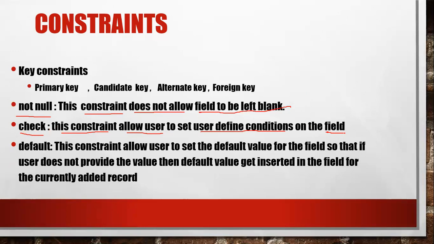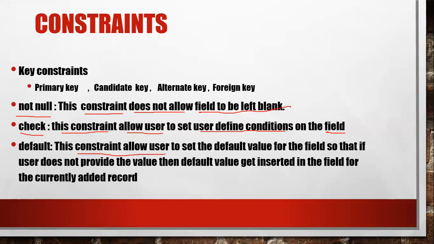While entering a record, if I don't enter a value for that field, then the system will automatically insert the default value set by the user in that field. But if I provide a value, then the system will enter only the data provided by the user.